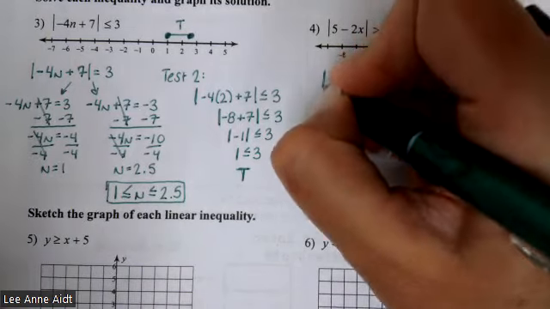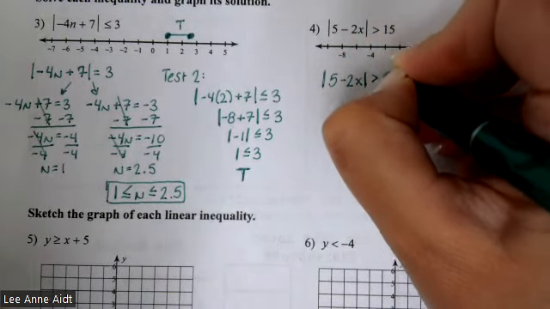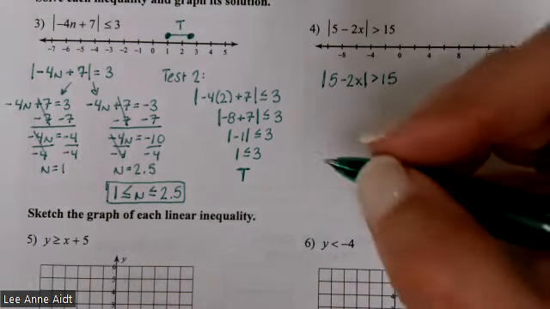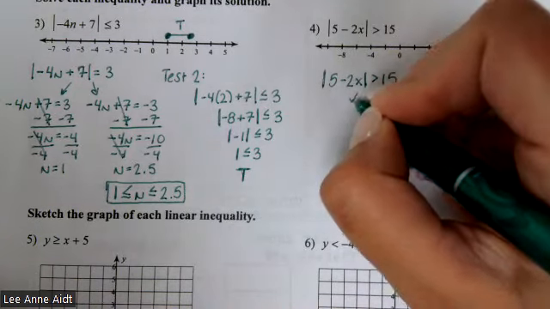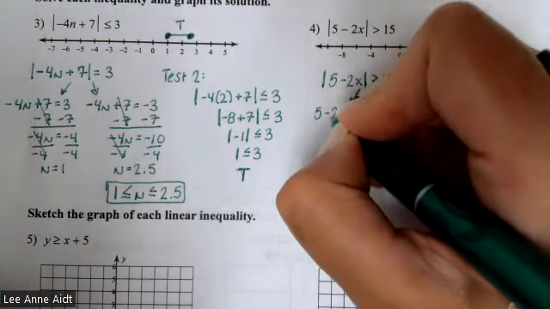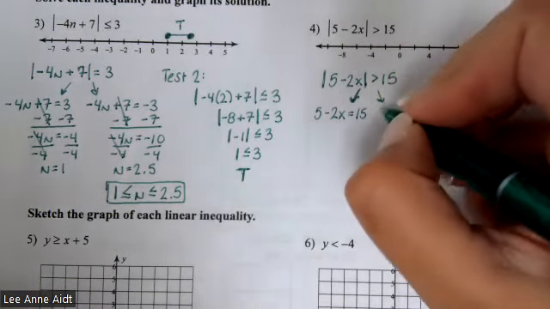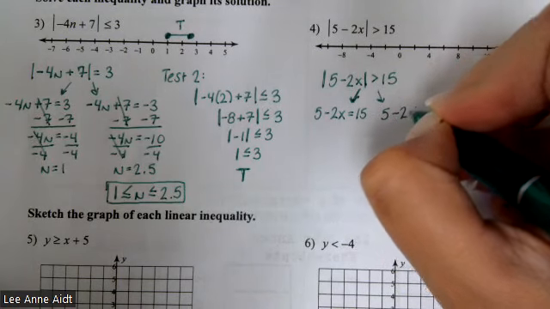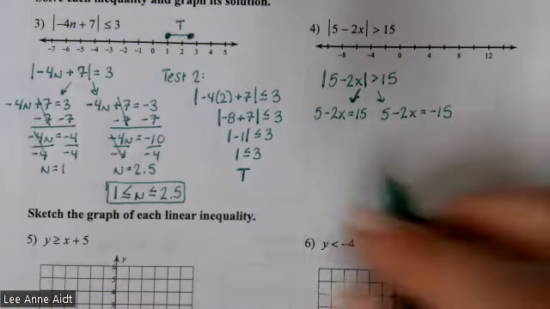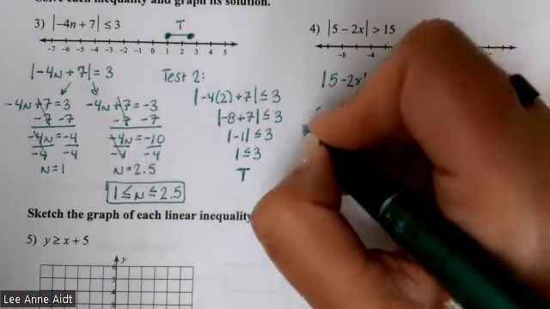So pretend it's equals. Split it into two pieces, +15 and -15.